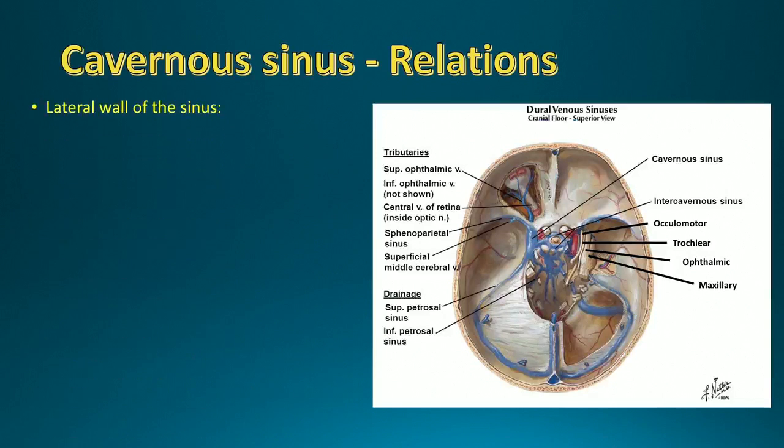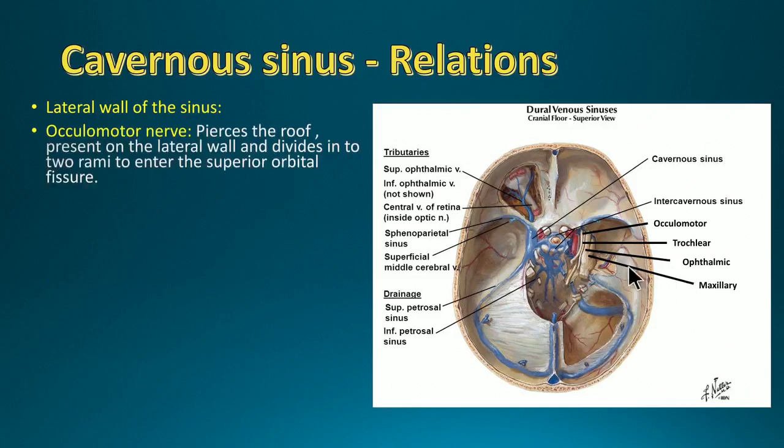So on the lateral wall of the sinus, which you are able to see here, it is mainly related to four nerves. So from superior to inferior, the first nerve you see here is the oculomotor nerve. I told you the oculomotor nerve pierces the roof where the attached and the free border of the tentorium crosses.